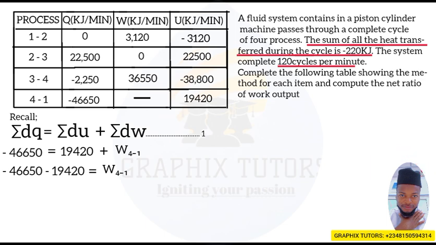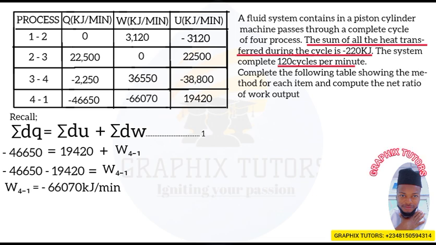So when we do this, when you add these two negative values together, you'll be having negative 66,070 kilojoule per minute. That will be the work done from state 4 to 1, right? Is that okay? So now we've gotten that.